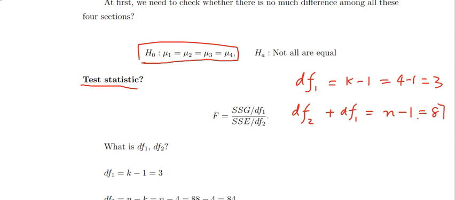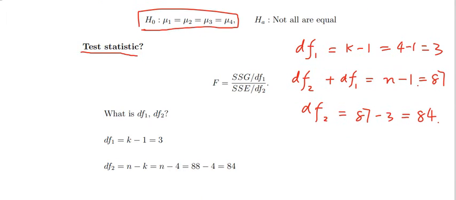Then df2, the degree of freedom for SSE, is 87 minus 3, equal to 84. So we can easily determine those degrees of freedom first.